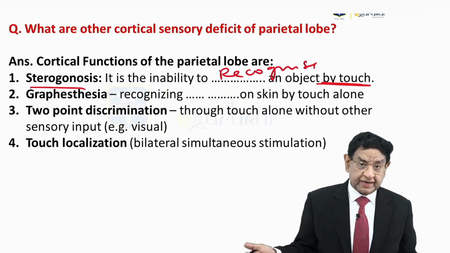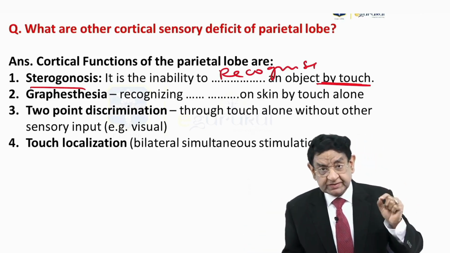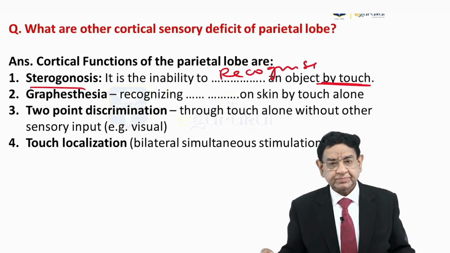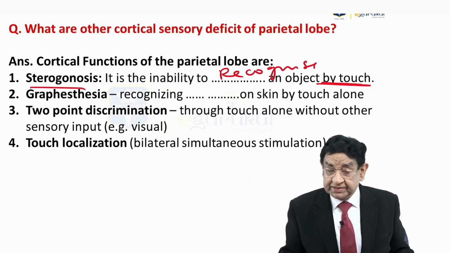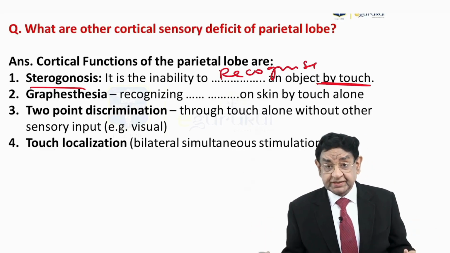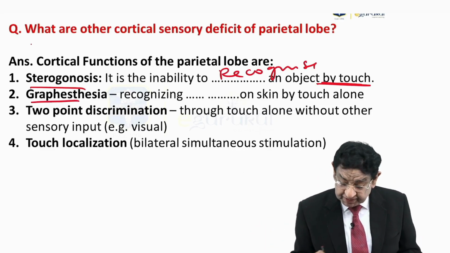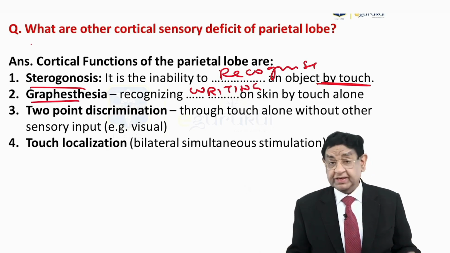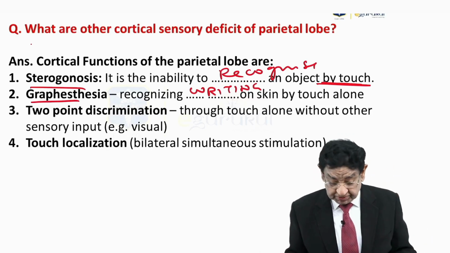Of course, this you are writing yourself. In this, we ask the patient to close the eyes and we write something on the palm. The patient is able to appreciate. This is known as graphesthesia. Recognizing writing on the palm with the eyes closed.